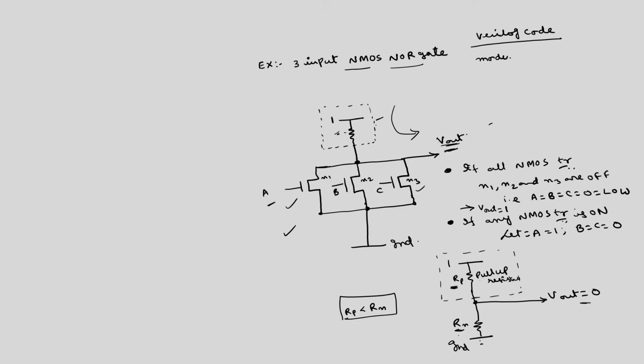Module, we take 3 underscore NOR gate, some name. The output is only V out, inputs are A, B, C. Output V out, input A, B, C. An important point that we have to remember here is, no need to define supply 1, only supply 0 ground is enough.